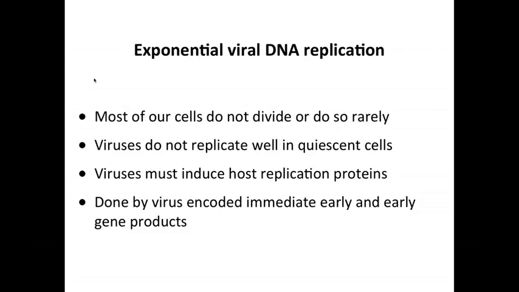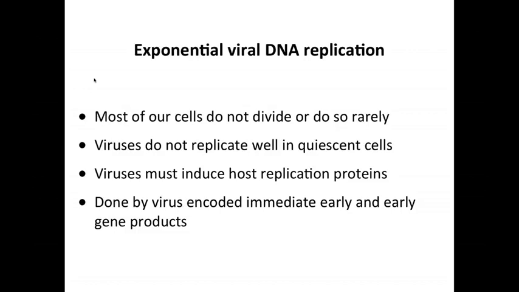Here is the crux of the problem. Most of the cells in us or in most other hosts that serve as replication sites for viruses are not dividing or divide pretty rarely. And when a cell is not dividing, it's not duplicating its DNA, and therefore the machinery for DNA synthesis is turned off.